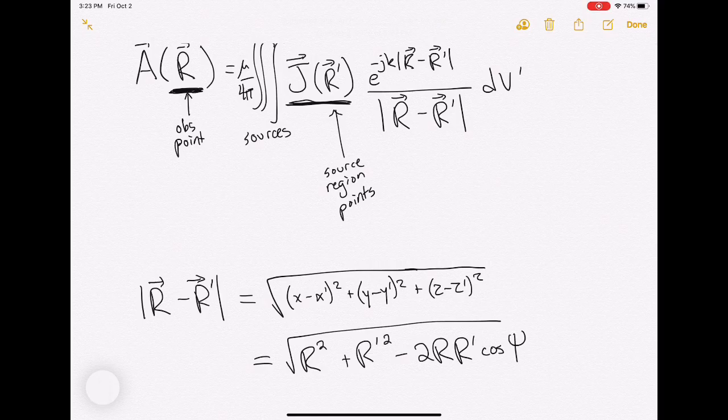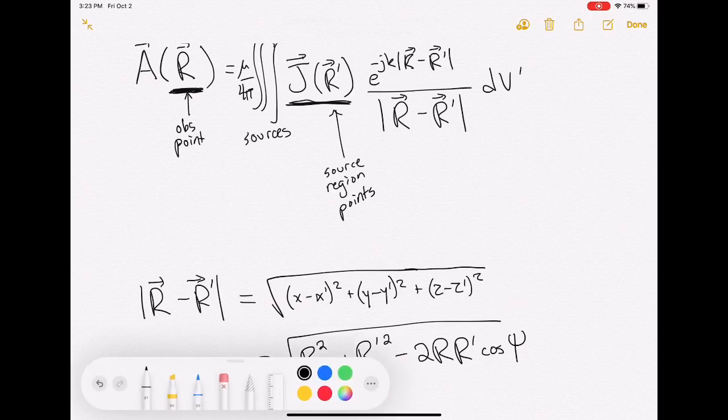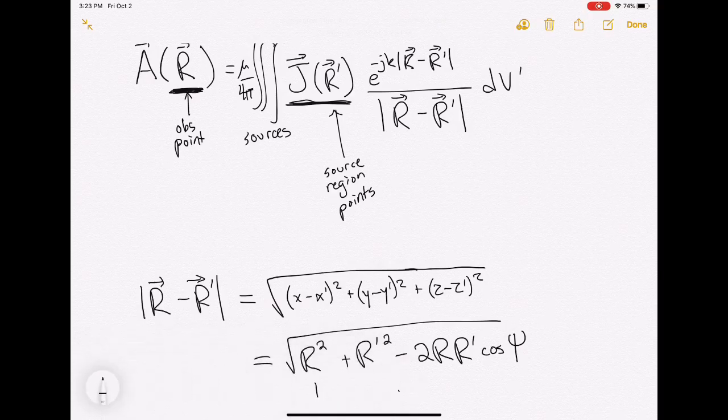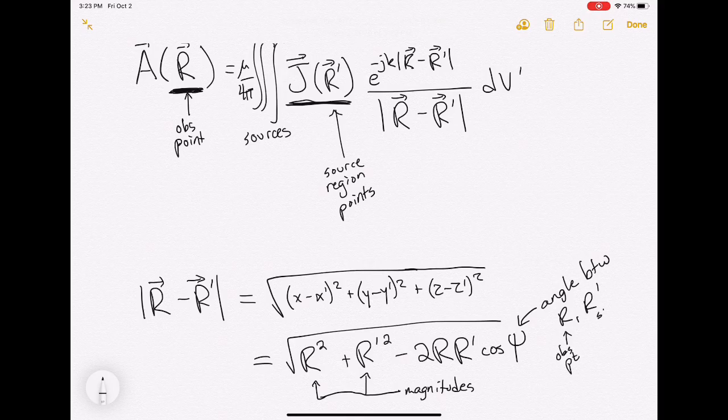Where I am using r and r prime without the arrows on top to denote the magnitudes of those two vectors. And psi here is the angle between r and r prime, the observation point vector and the source point vector. So this is a pain to evaluate, but maybe it could be simpler.